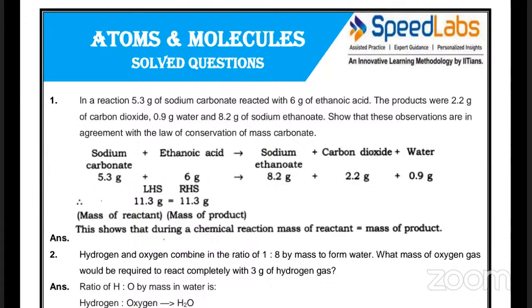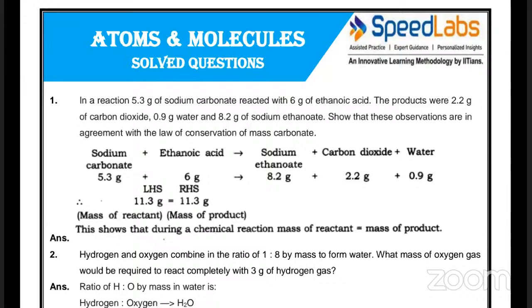So here there are two reactants, sodium carbonate and ethanoic acid, and the products are given.